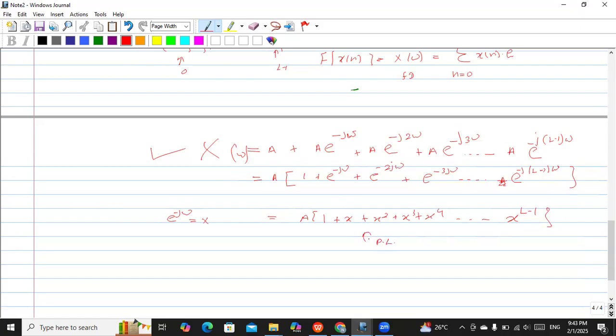This is a power series, and using the power series identities, you can find the sum up to L minus 1, or maybe you can use the Taylor series here. Yes, I think I have explained how to use the Taylor series to find this kind of signal.